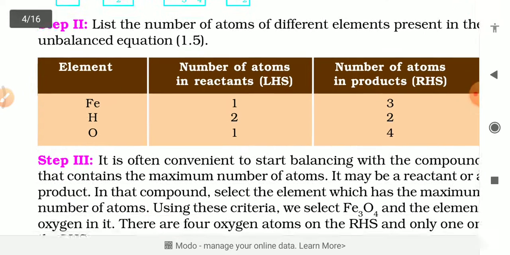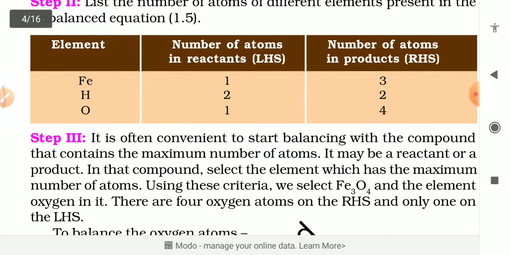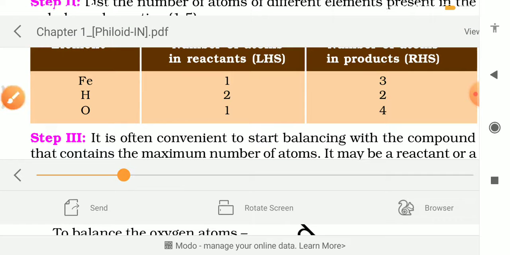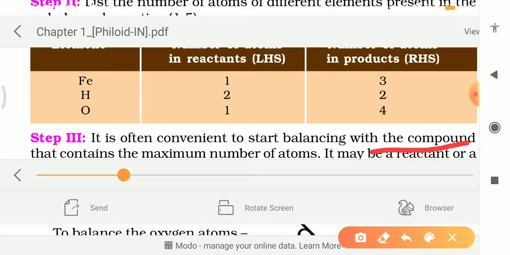Now in the third step, they want to say it is often convenient to start balancing with the compound that contains the maximum number of atoms. See here, students, a very important line.